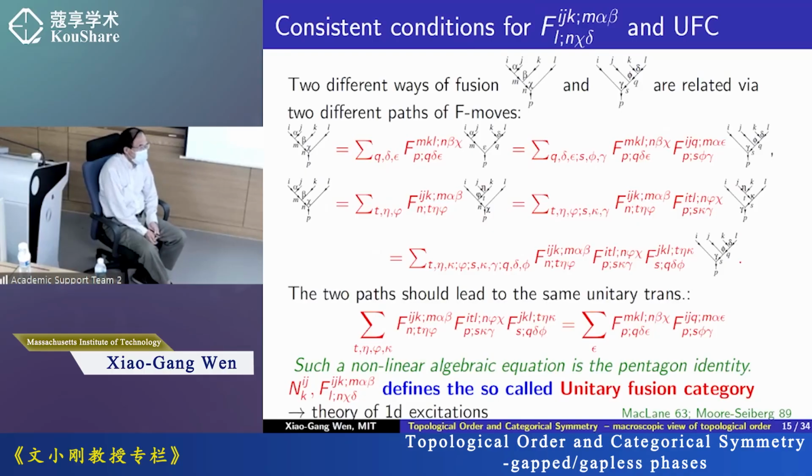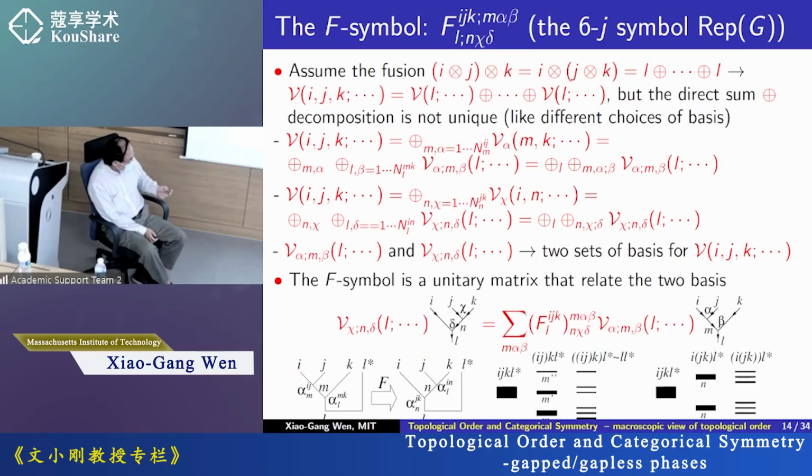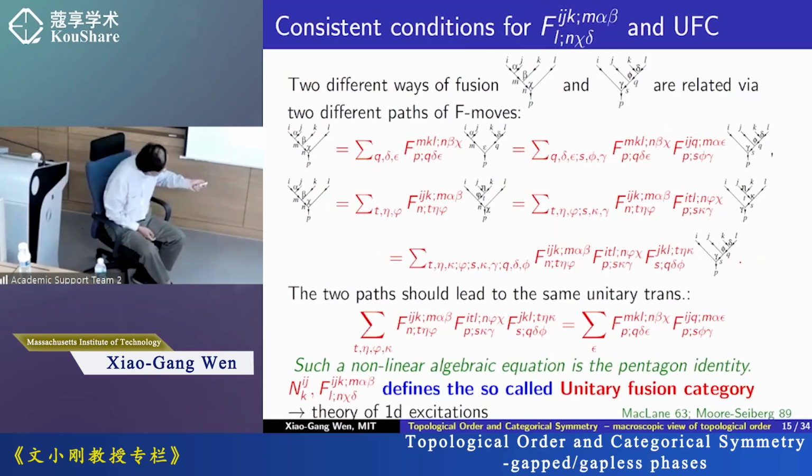What is the corresponding quantity in group theory? In group theory, the F symbol is a 6J symbol. I see. Actually, in group theory people compute the 6J symbol, because we know this V, this IJK, are just vector spaces, and we know how they are related when they fuse. So we compute the 6J symbol, then we find that the 6J symbol has this property.